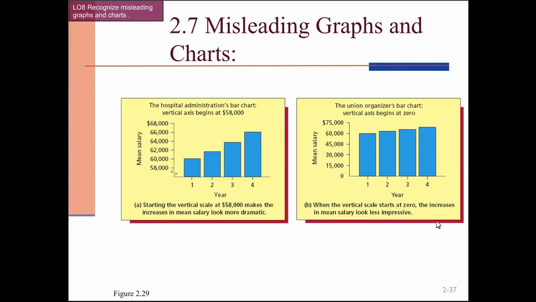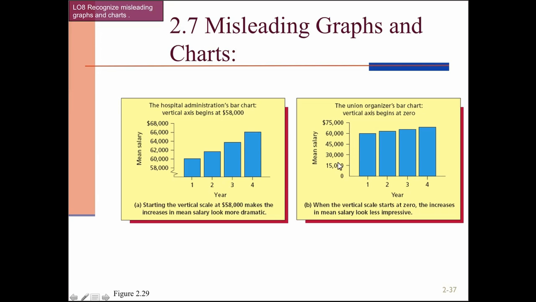Now, we should mention that a lot of advertisements on TV or even over the internet try to mislead customers by tweaking those charts. So this is really important to understand. These 2 charts are exactly identical, nothing was changed in them, other than that the 0 was not mentioned in this chart here, and it started automatically from 58,000 and up.